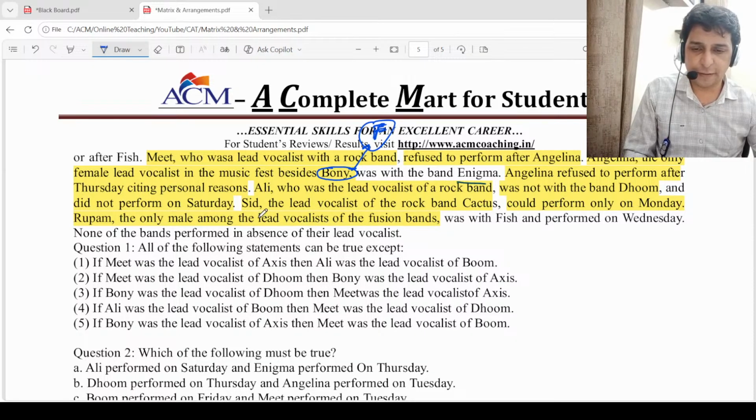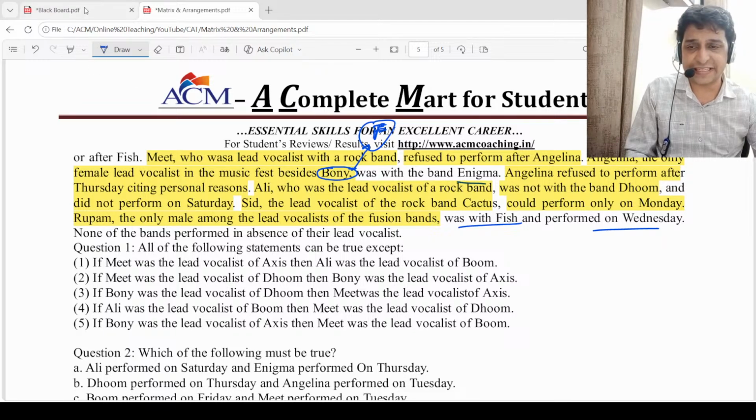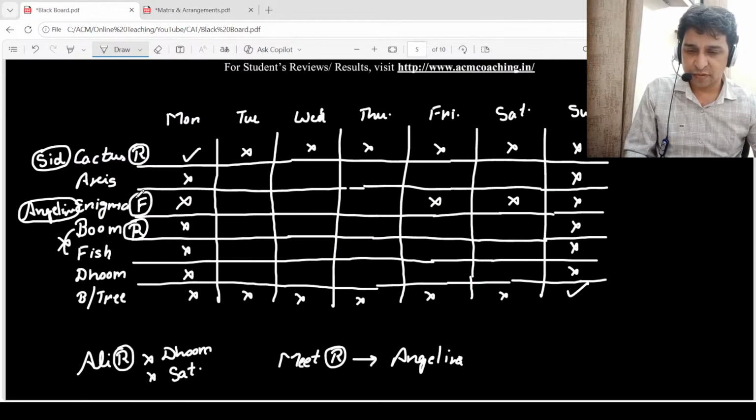The next information: Rupam, the only male among lead vocalists of fusion bands, was with Fish and performed on Wednesday. So Fish is going to perform on Wednesday, and Fish has Rupam as the lead vocalist, and this is a fusion band.